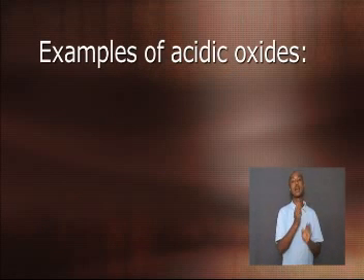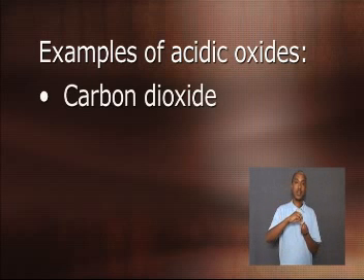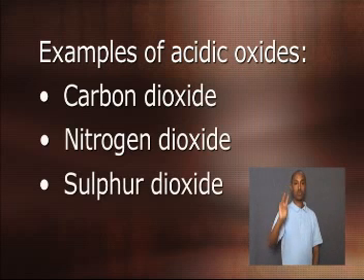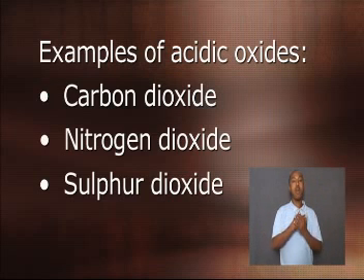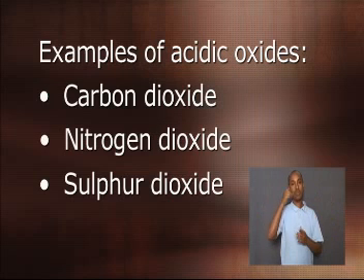Some examples of acidic oxides include carbon dioxide, nitrogen dioxide, and sulfur dioxide. While mostly all acidic oxides are oxides of nonmetals, it is important to note that not all nonmetal oxides are acidic oxides.